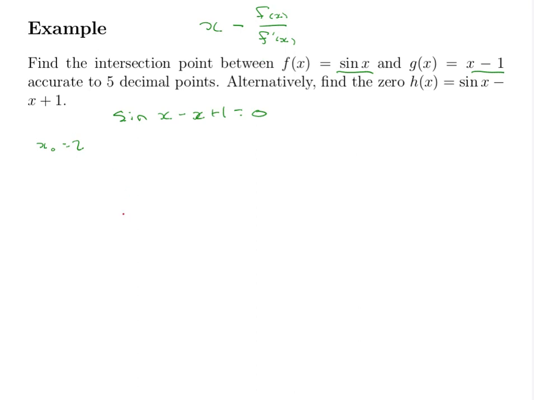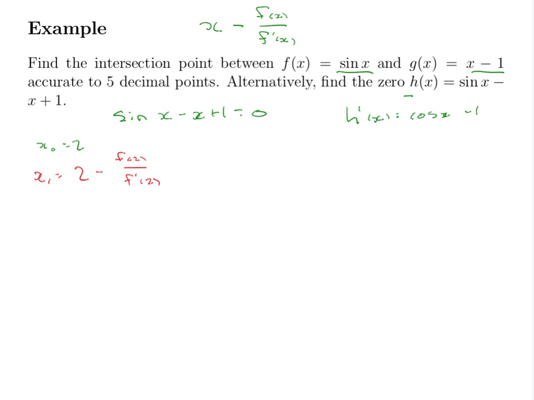So we can say, all right, maybe x1 is going to be 2 minus h of 2 over h prime of 2, where h prime is going to be cosine of x minus 1. We'll plug 2 into all that.